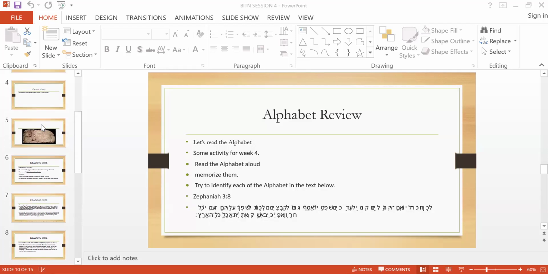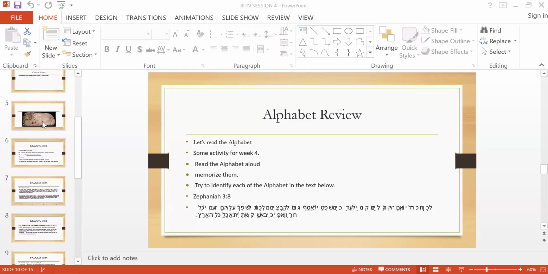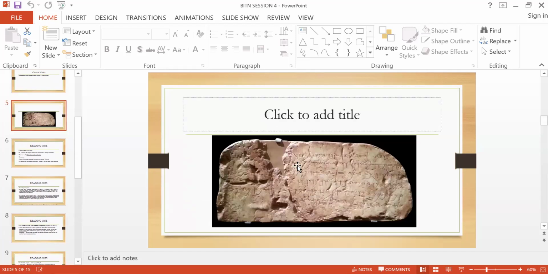Just before we do that, let me make a quick comment which we missed out last time. If you look closely, I'm sure you can see this stone or piece of rock, right? Can we all see the piece of rock on my screen? Yes. Okay. This is what we call Old Hebrew or Paleo Hebrew, without the vowels, on this stone.